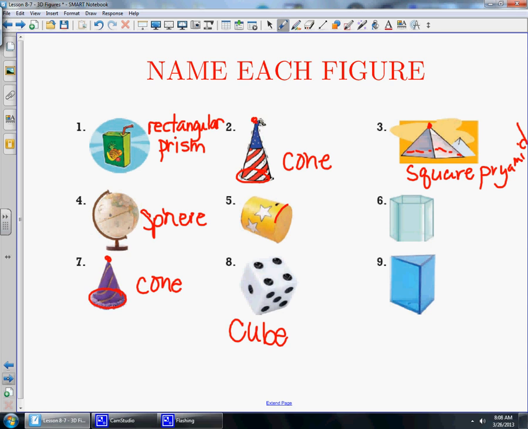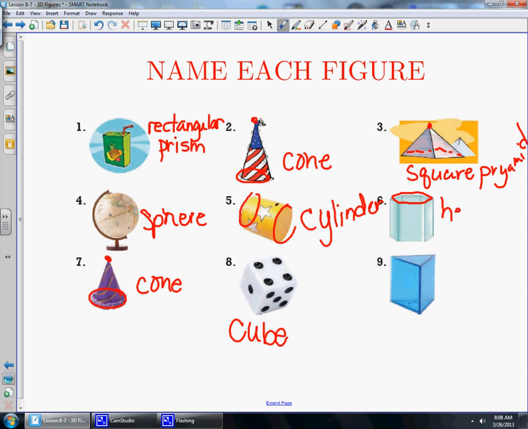This has 2 circular bases, so this would be called a cylinder. And here we have, let's count how many sides. 1, 2, 3, 4, 5, 6.